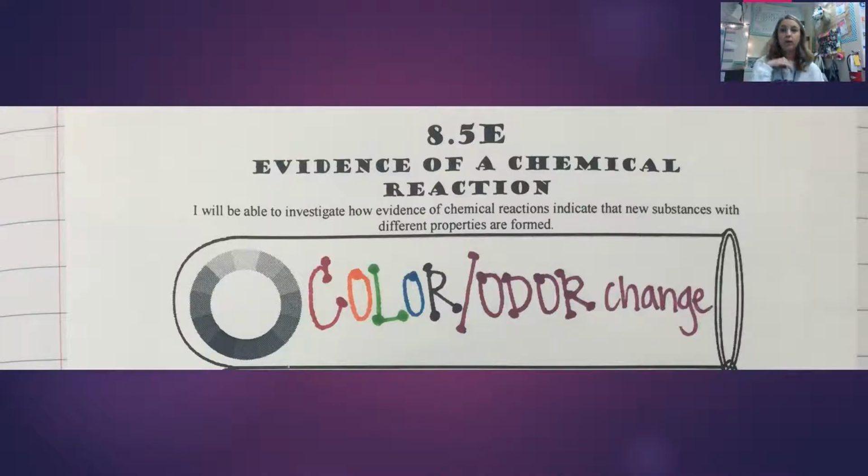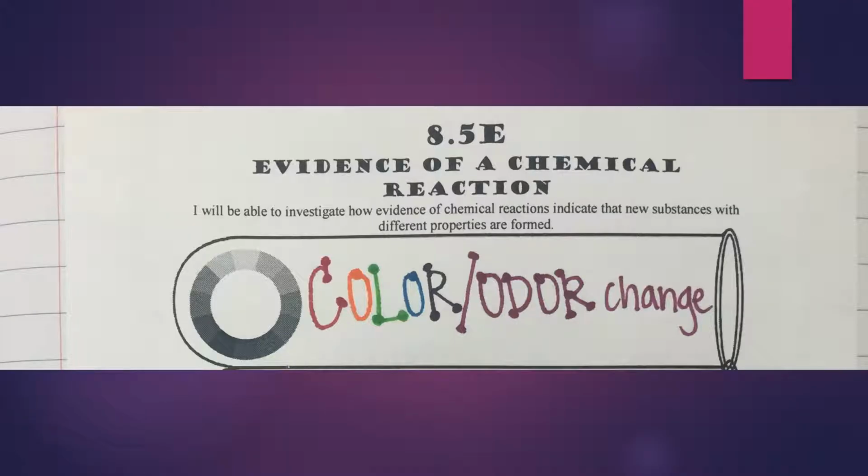Our first evidence of a chemical reaction is a color or odor change. Now, remember, a chemical reaction has to involve mixing two things, and the change has to be unexpected. So let me show you an example of a color change that would not be a chemical reaction.